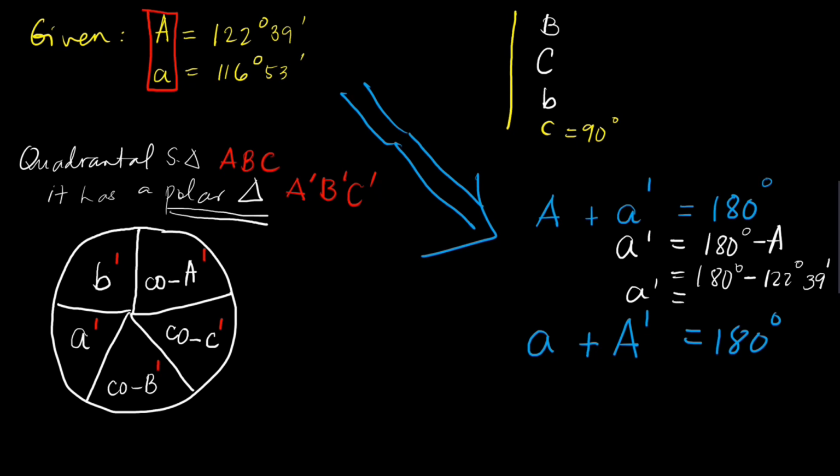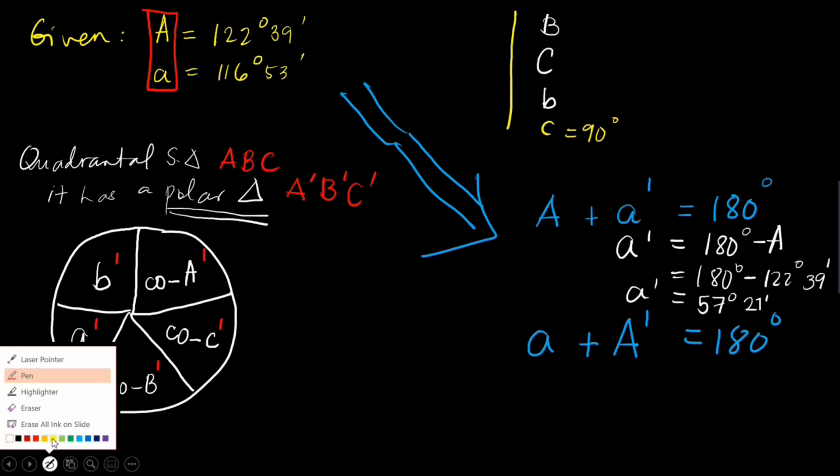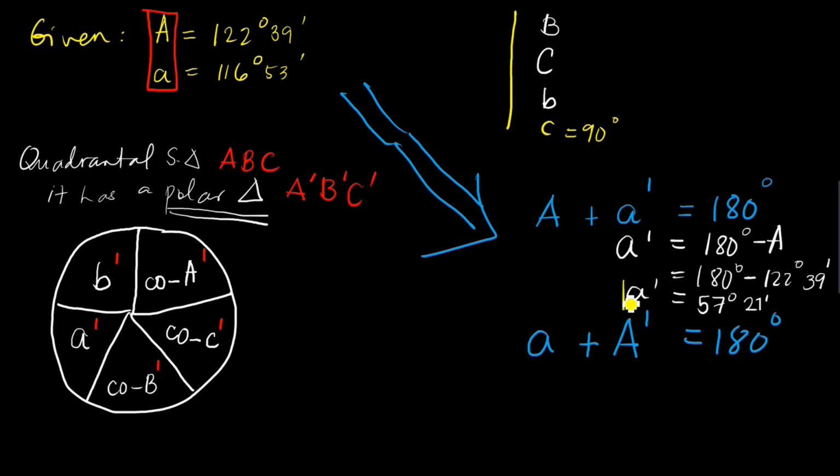In using your calcu, that is 180 minus 122, press the DMS, 39, press the DMS. So the answer in the calculator, DMS format, is 57 degrees, 21 minutes. So this is the measure of the small a prime.